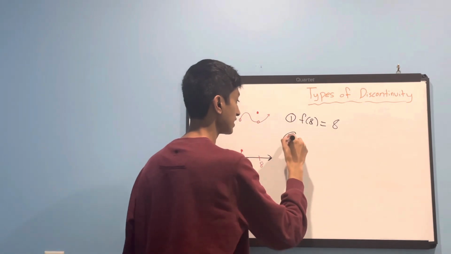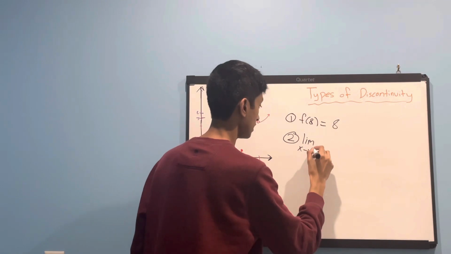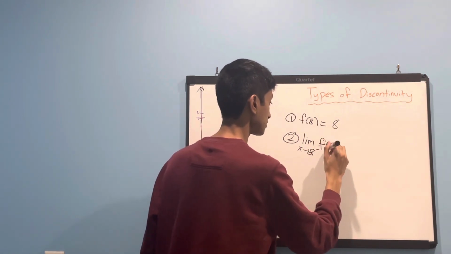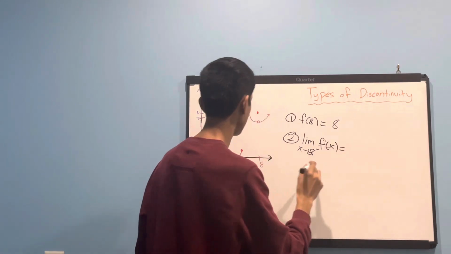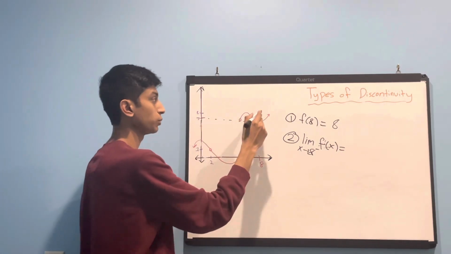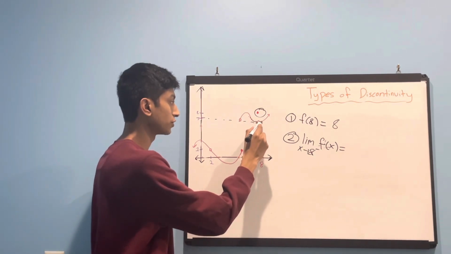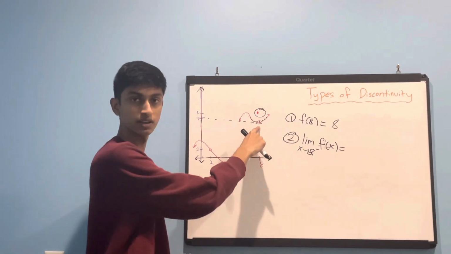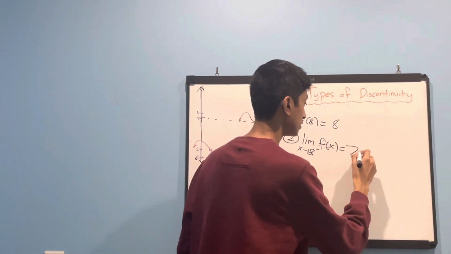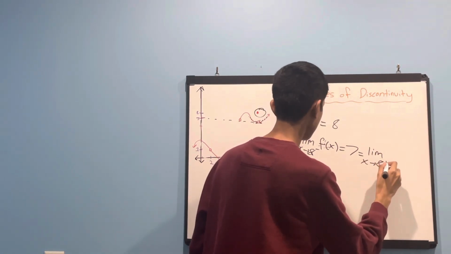So for the second test of continuity, the limit as x approaches 8 from the negative side of f of x equals 7, which is right here. It's not going to equal this value up here because the function converges at this point right here. That's where the limit goes. So it equals 7, and it equals also the limit as x approaches 8 from the positive side.